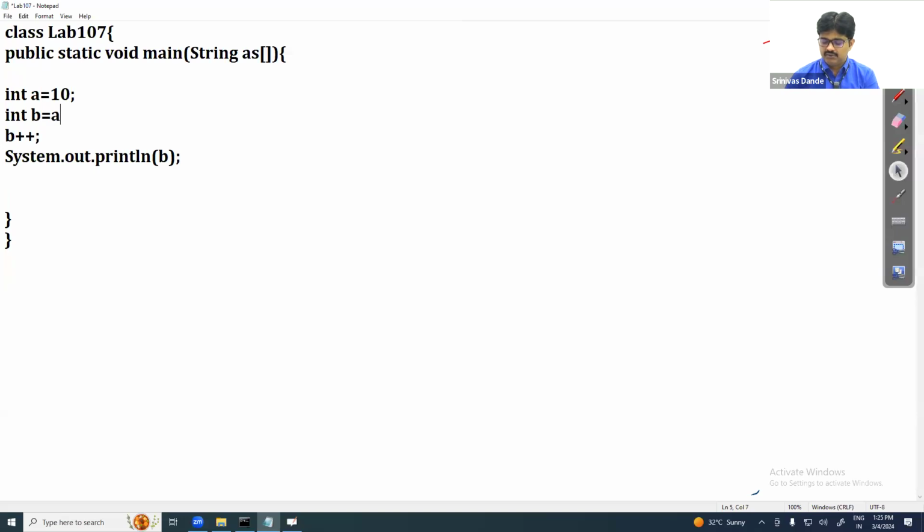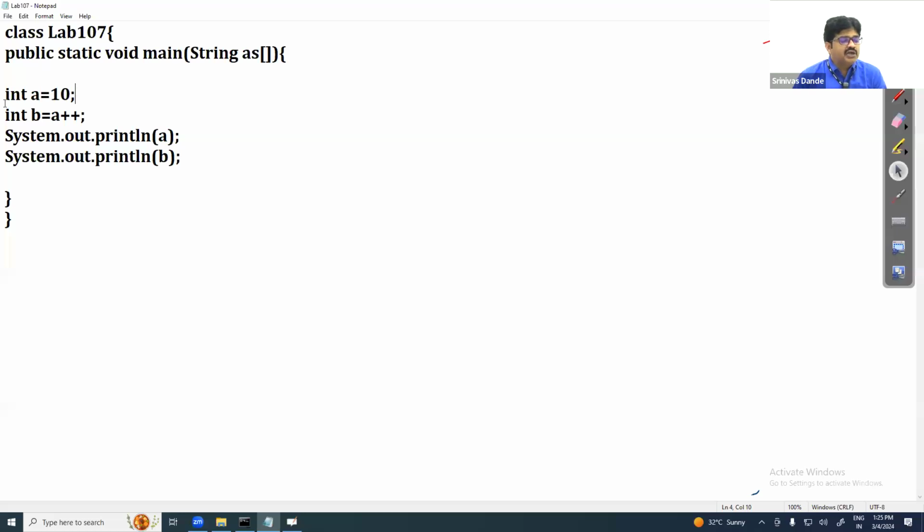Next, int B equals A plus plus. Tell me, guys, if you know prefix and postfix, clearly understand from my table, what's the output of this? I already explained this story.